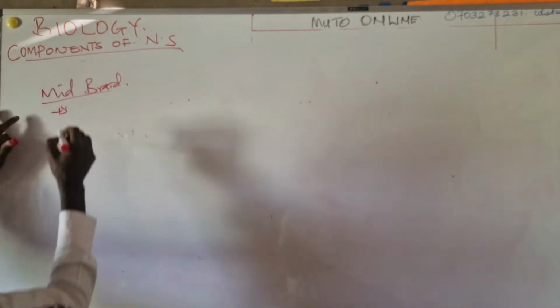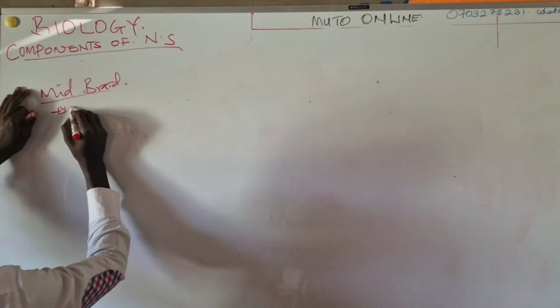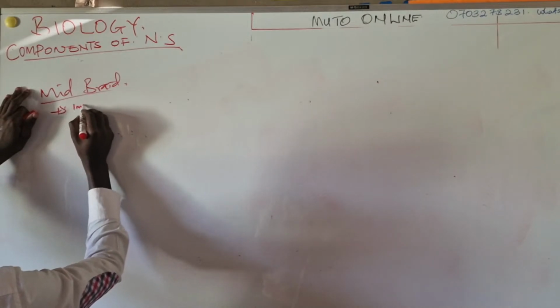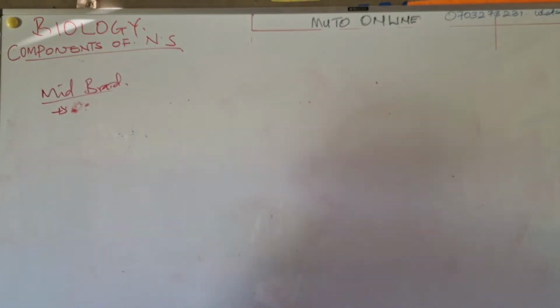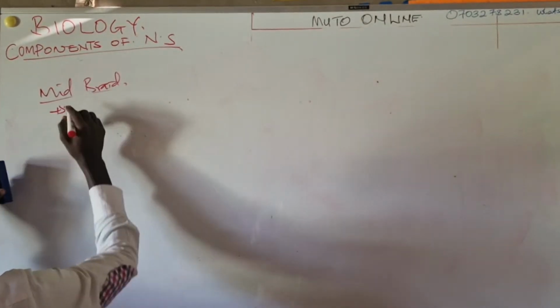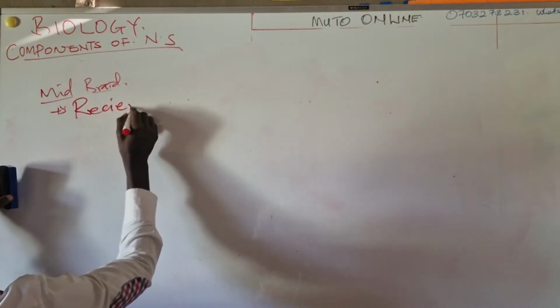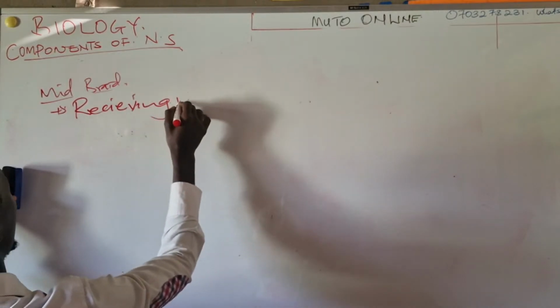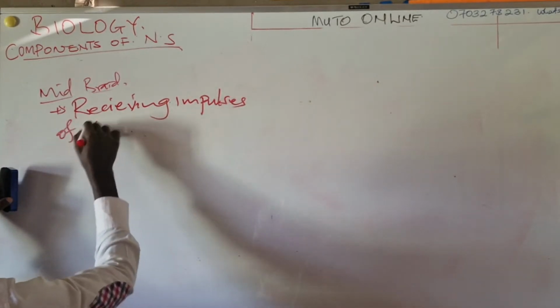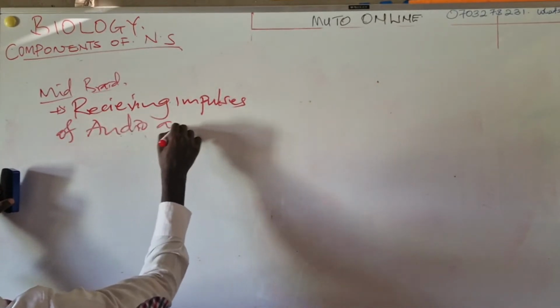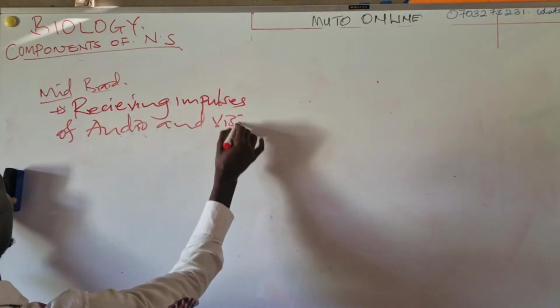So the midbrain serves two major functions: receiving impulses of audio and vision.